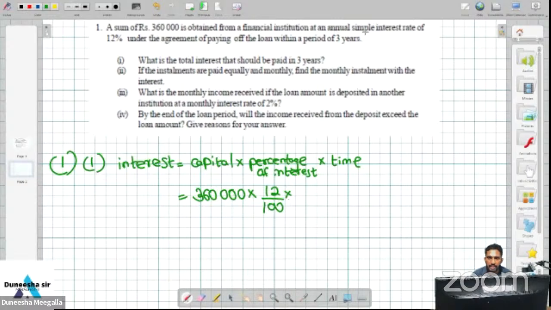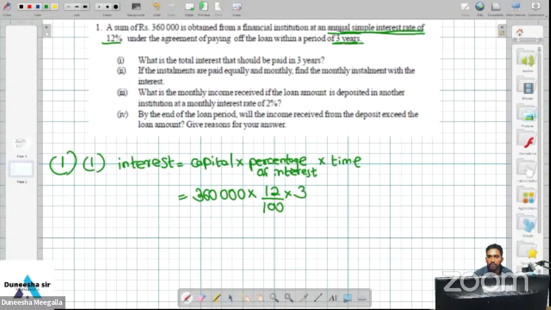the interest given in annual simple interest. Okay, then මෙතන annual කියලා තියෙන හින්දා අපි මේ time එක substitute කරන්නේ what is the unit? It's by years.